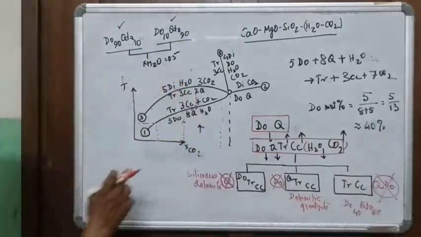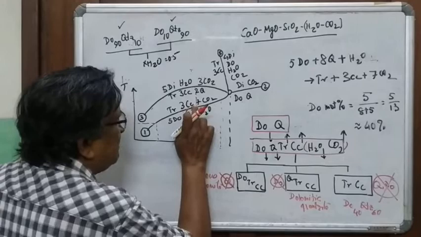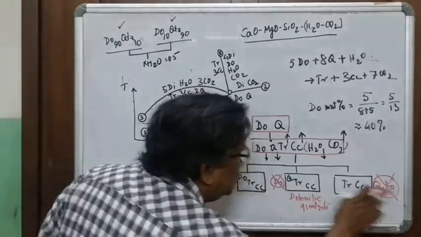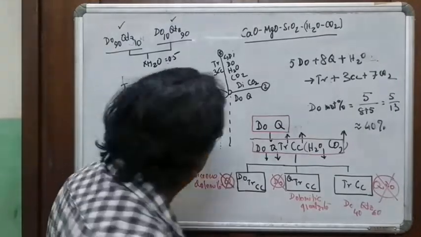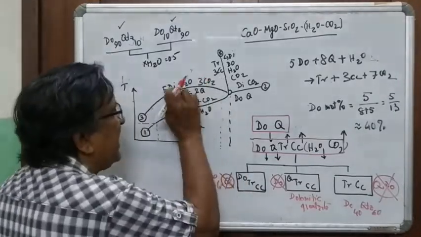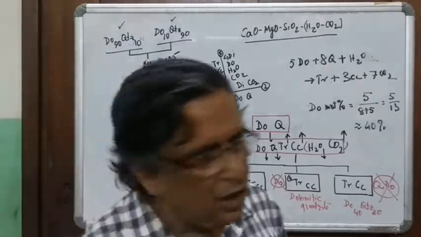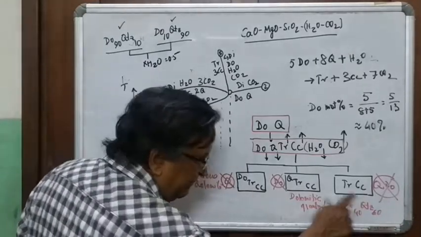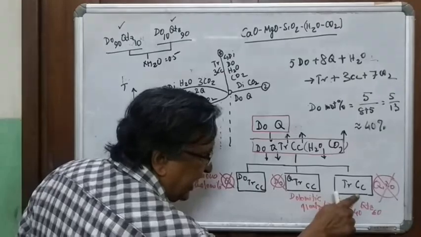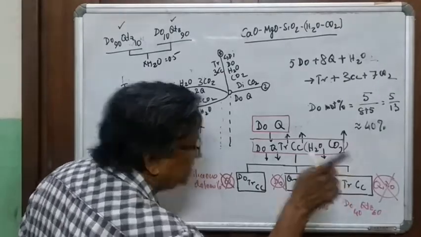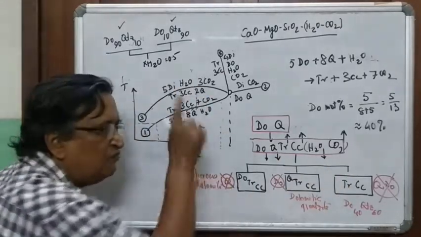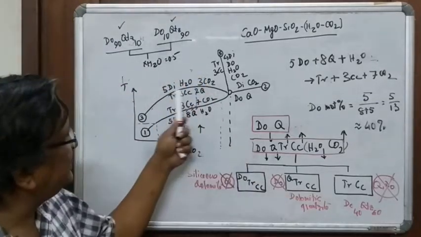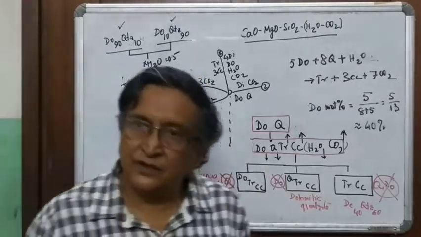So when the system moves from the univariant to the bivariant field, there is no quartz, so this reaction again will be overstepped. So for this case and this case, that means no quartz, this reaction will be overstepped. That means temperature will rise, but this reaction will not operate.